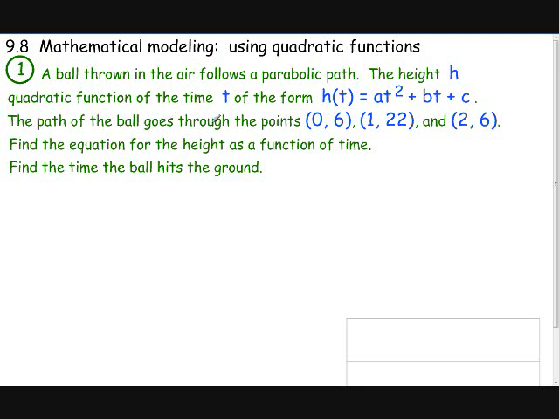Now we're actually going to do some modeling. Here's a ball going to be thrown into the air. We have the knowledge that it's going to follow a parabolic path. You probably know this from earlier years in math. So any parabolic path can be modeled with a quadratic function. So we can use this. We're going to call this function h, and this function h uses time as its input, which we're referring to as t.